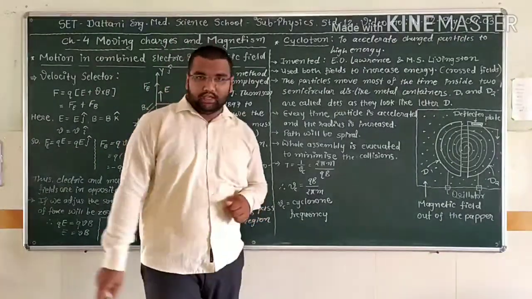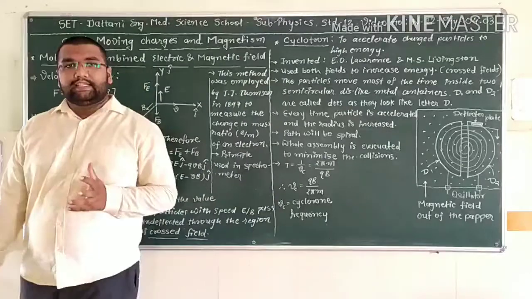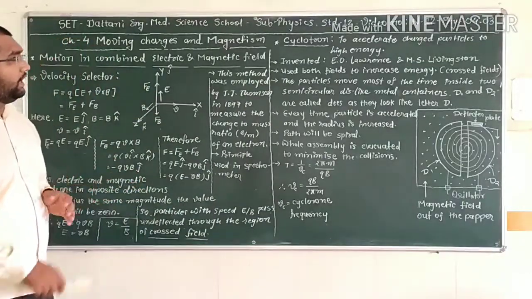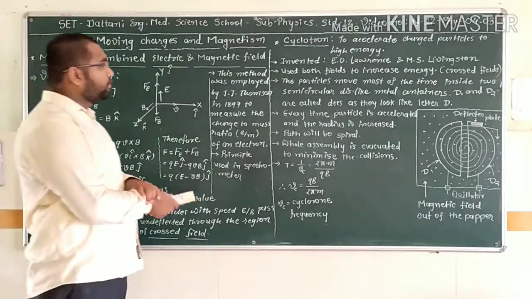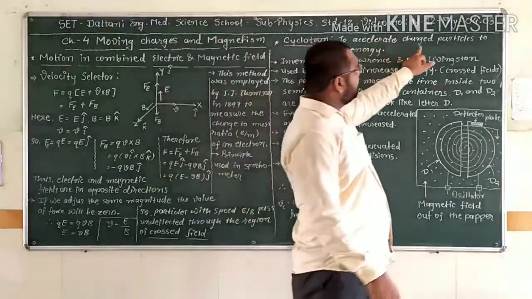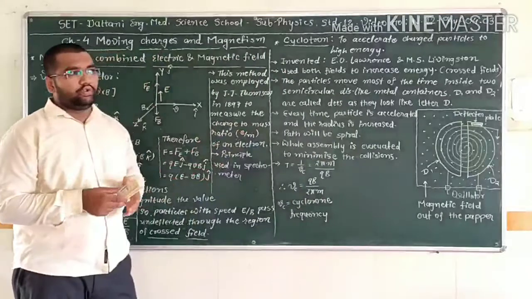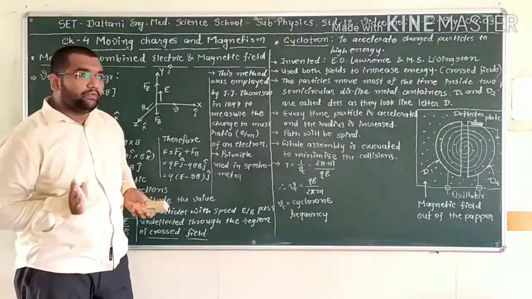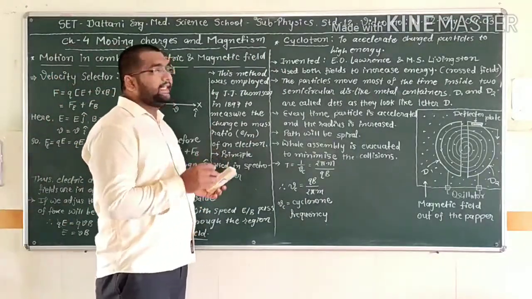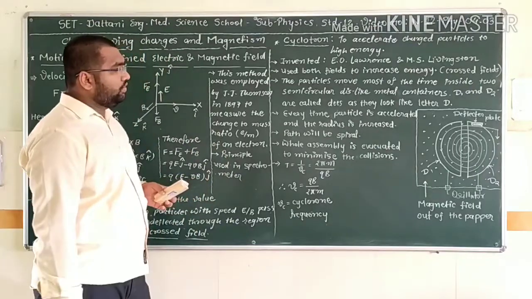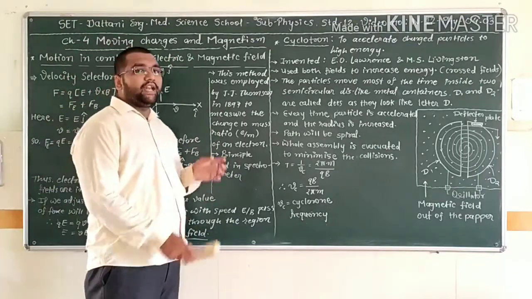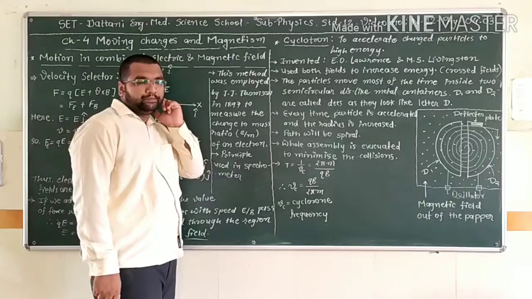As we learned before, the cyclotron is a device to accelerate charged particles to high energy. So the speed of the particle will be higher than before. To accelerate the particle, we now use a cyclotron.